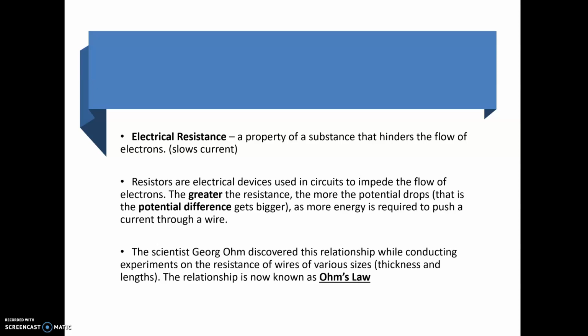Resistors are electrical devices used in circuits to impede the flow of electrons, so slow them down. The greater the resistance, the more the potential drops. That is, the potential difference gets bigger, and I'm going to explain this in another diagram in a second, as more energy is required to push a current through the wire.